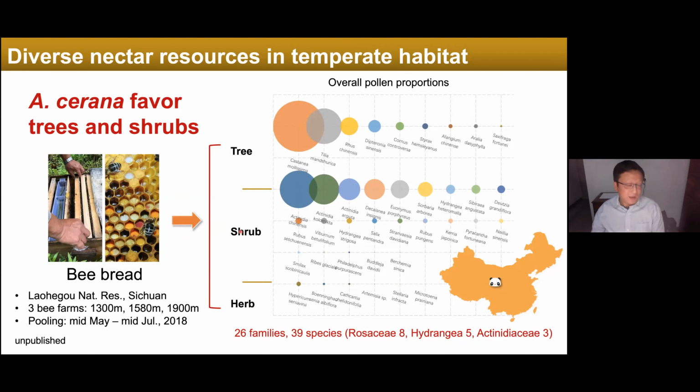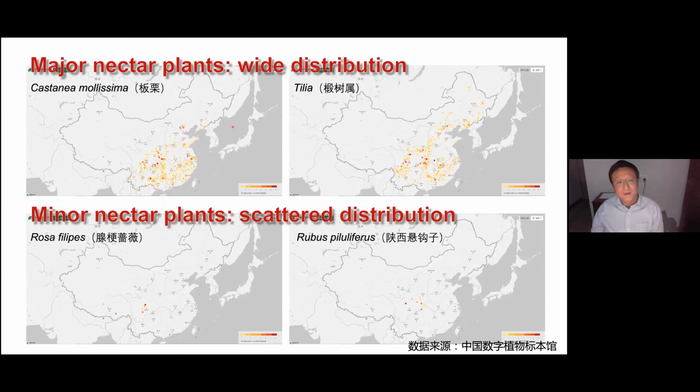And not only that, they could not only collect what we call major nectar plants, and these plants actually have very wide distribution range across China. But they also could use what we call minor nectar plants. And most of these have very scattered distribution. So these show some very localized characters.